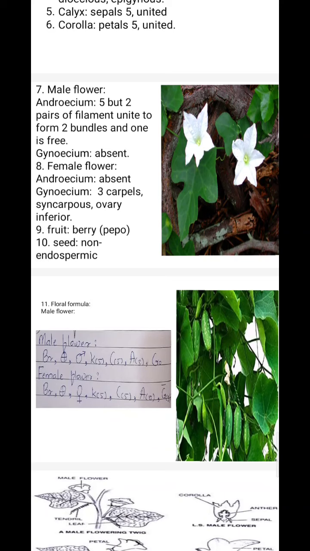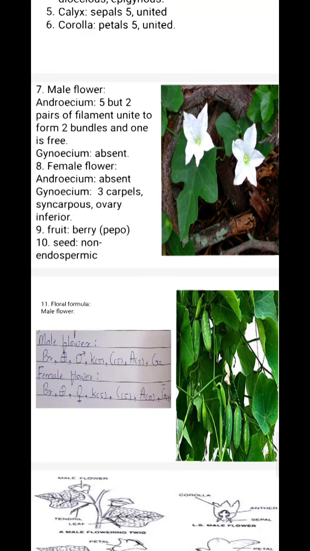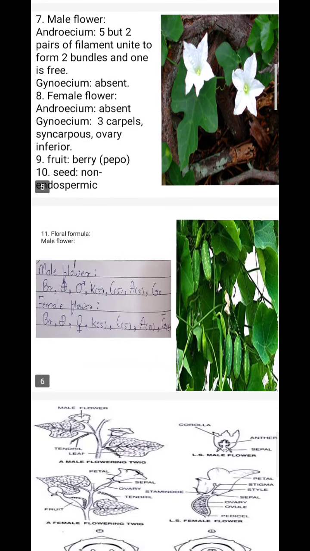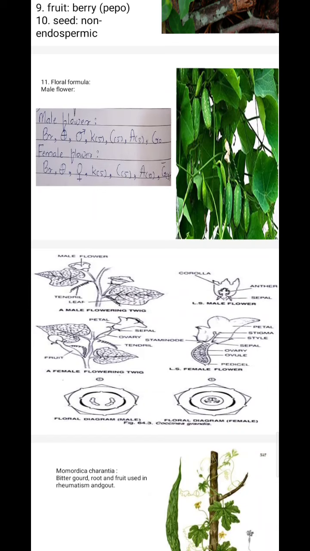And in this side figure you have to see the fruits, that is berry or pepo like fruits of Coccinia indica. In the next figure, there is the floral presentation of this Coccinia.